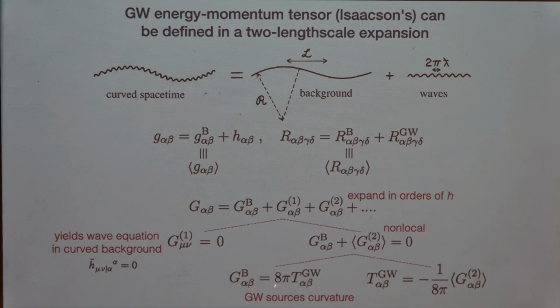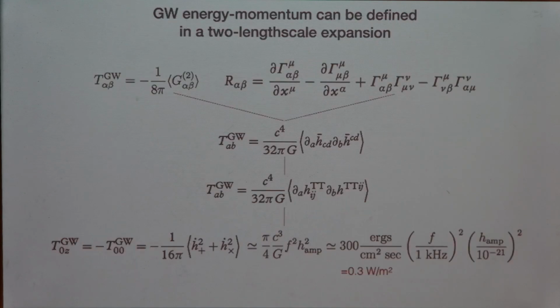So the degrees of freedom of the gravitational waves can be seen to curve space-time, and that's just, in general relativity, the definition of energy momentum tensor. It's real energy. If it curves space-time, it must be real energy, real momentum.